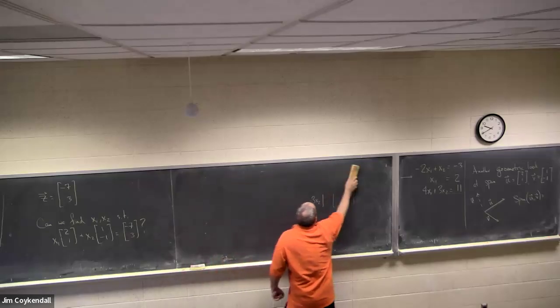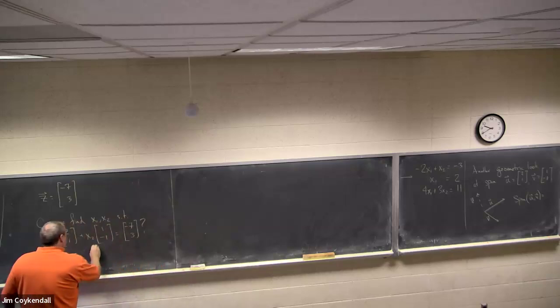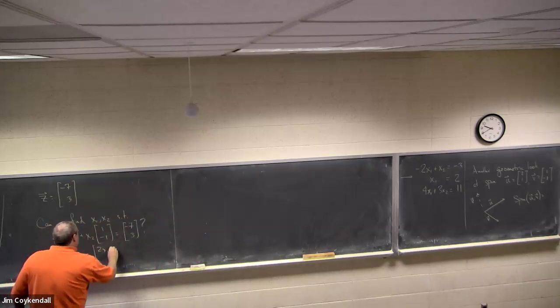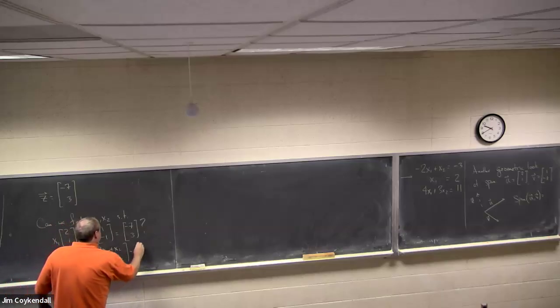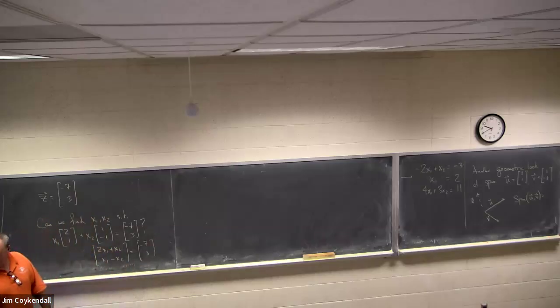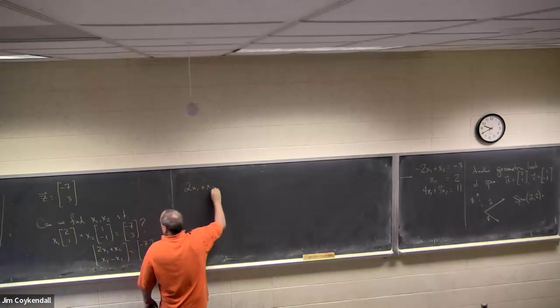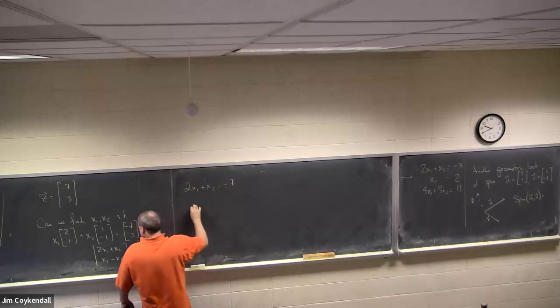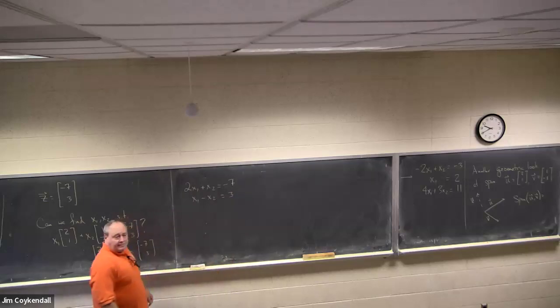Well, just like we did before, this is basically the vector (2x1 plus x2, x1 minus x2). Everybody agree with that? So I get 2x1 plus x2 equals -7, and x1 minus x2 is 3. Everybody okay with that?